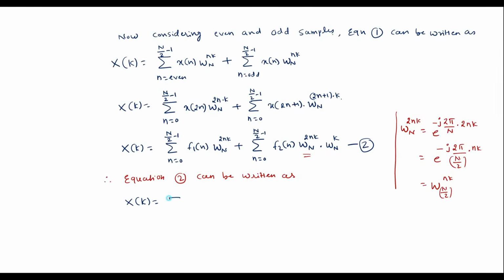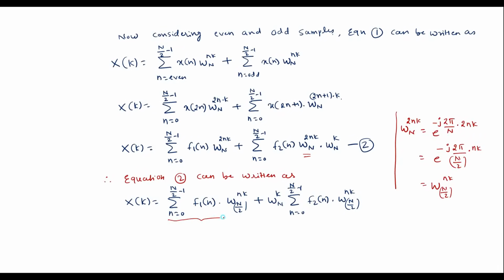X of k is equal to summation n equals 0 to N by 2 minus 1 of f1 of n, W_{N by 2} power nk, plus, I will take W_N power k out of the summation, W_N power k summation n equals 0 to N by 2 minus 1 of f2 of n, W_{N by 2} power nk.